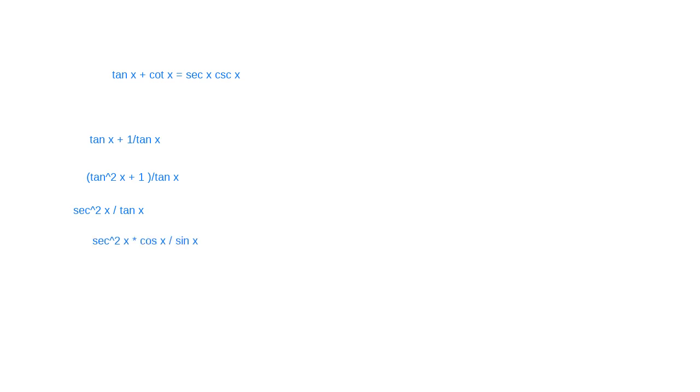Then just leave one secant x on the side. Because on the right-hand side we do have secant x. You see the rest of it, we have a secant x times cosine x divided by sine x. That simplifies to cosecant x. All right. So this proves it going from the left-hand side to the right-hand side.